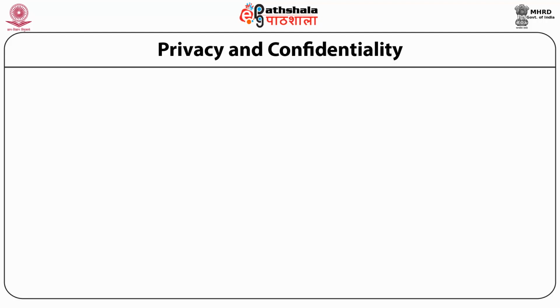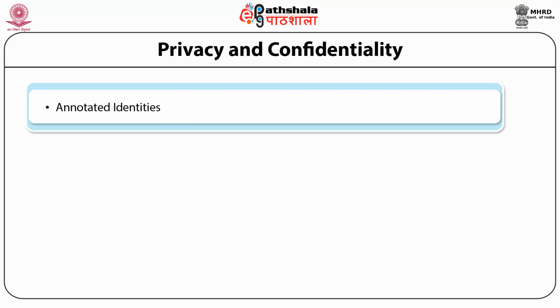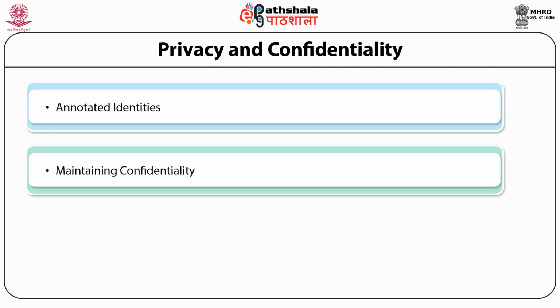Their identities should be annotated, and it is the responsibility of the principal investigator to maintain confidentiality throughout the protocol and even after the protocol is available to the public.